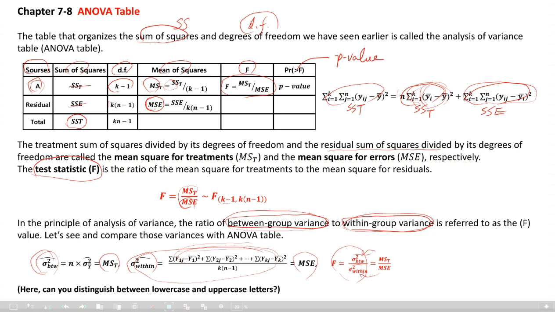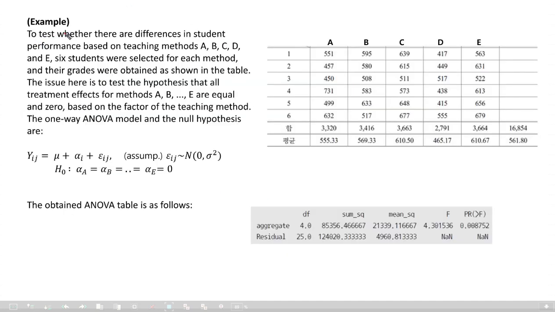Let's see a simple example. To test whether there are differences in student performance based on teaching method A, B, C, D, E, 6 students each were selected for each method. 6 of them here, 6 of them for B, something like that. The issue here is to test the hypothesis that all treatment effects for methods A, B, E are equal and 0.